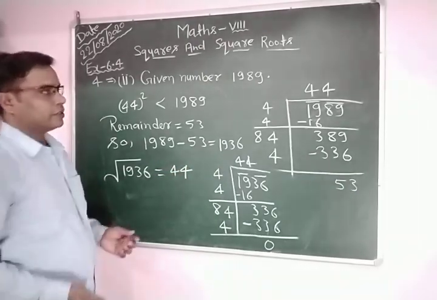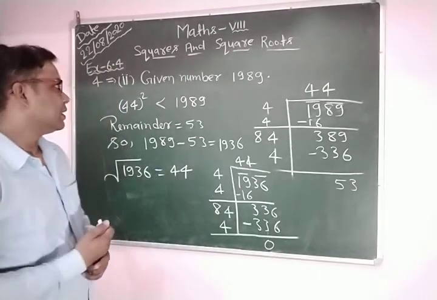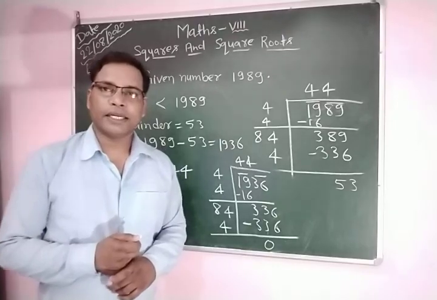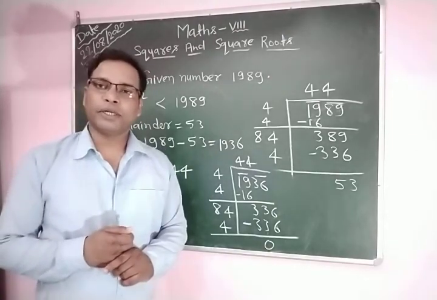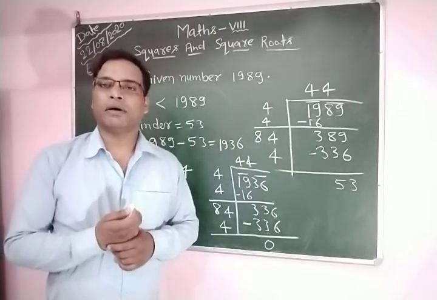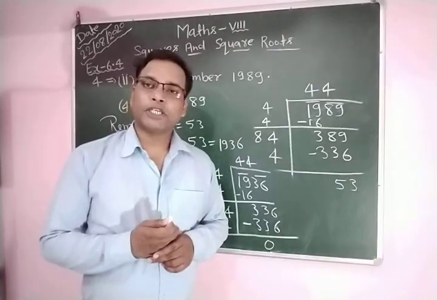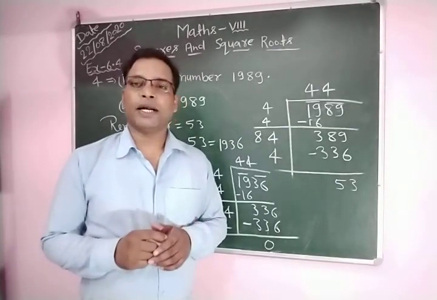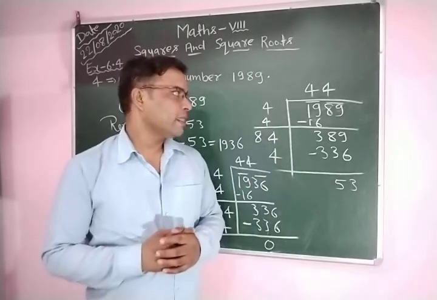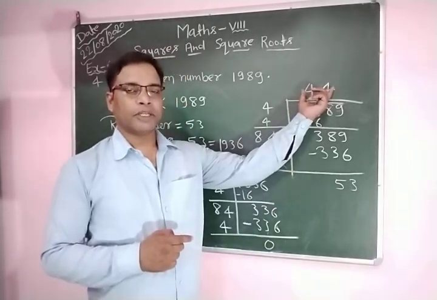Okay. So in the second part of question number 2, it is given that the given number is 1989. We need to find the number which, subtracted from the given number, gives a perfect square number. So first we find the square root of the given number 1989. You can see here we find 44 at the place of quotient.